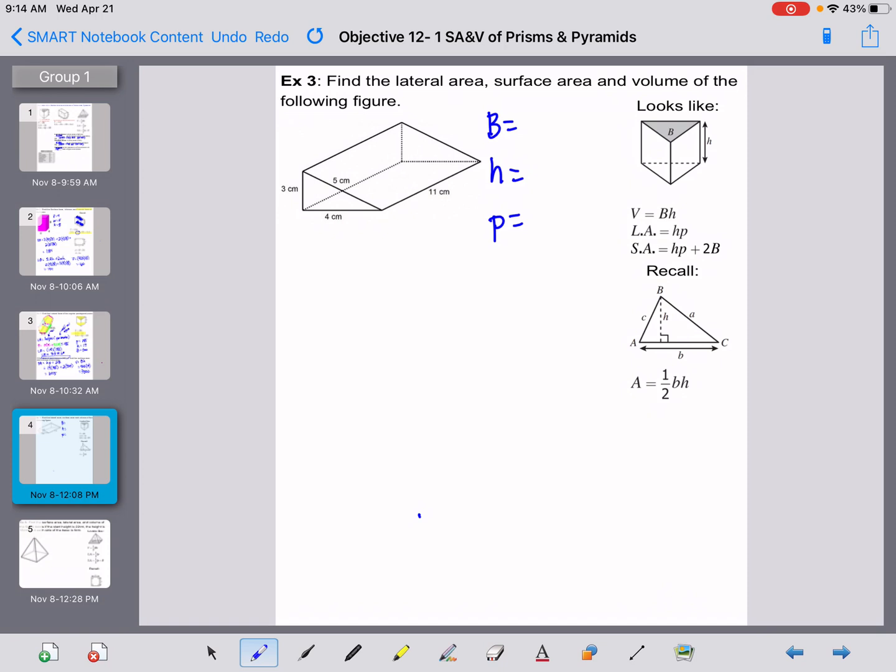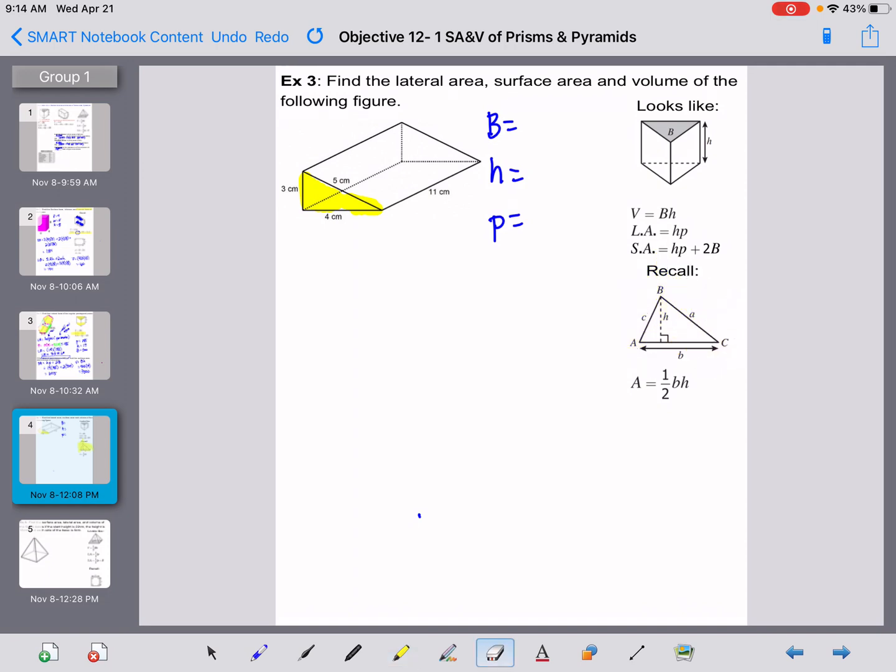So the first thing I'm probably going to find is going to be this base. Now, I've got this formula. If I look at the base here, here's my base. All right. And I'm going to be using this formula over here.